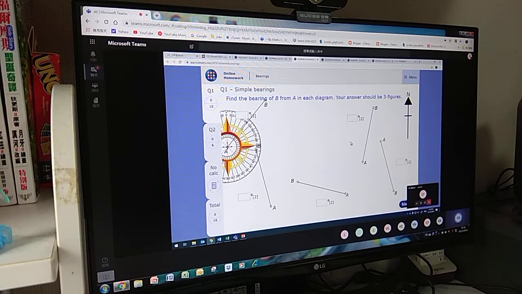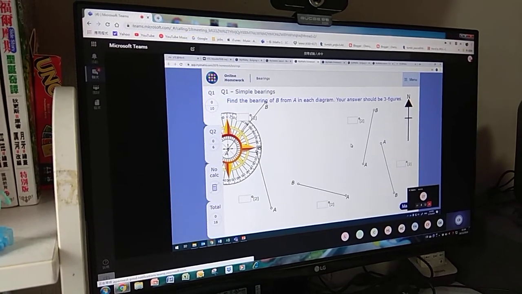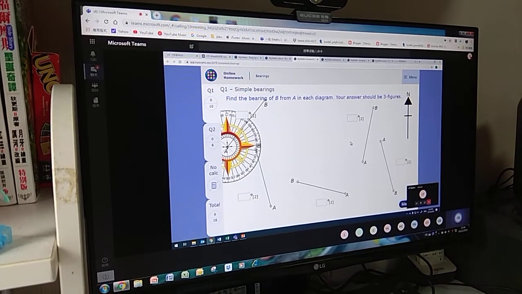So this line is 0 degrees, and then count from the 0 degrees in the clockwise direction, 順時針方向. Then count the degrees. For example, this is 10 degrees, 20 degrees, 30 degrees, and you can see here is about 42 degrees. So I type 42 here.